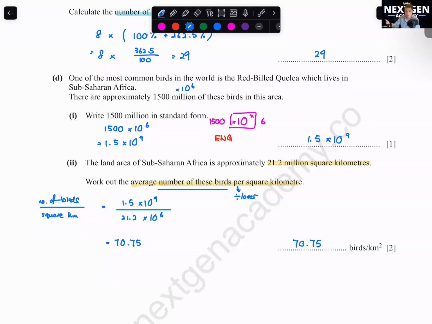If you keep rounding up, your value won't be accurate anymore. If they say something like the least number of birds per square kilometer, then that one you need to round up.